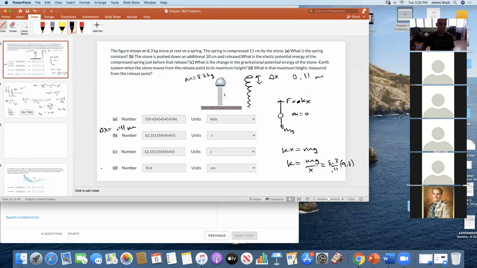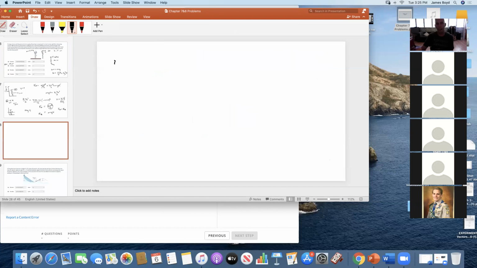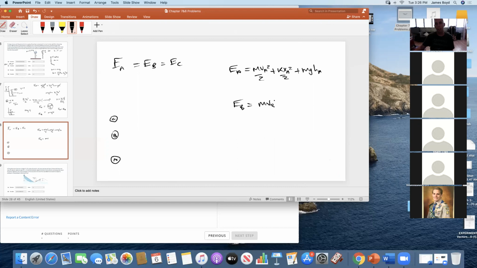But yeah, this is just to reiterate one more time. The algorithm is pick an A, pick a B, pick maybe a C. EA is equal to EB is equal to EC, as long as there's no friction. If there's friction, we have to do something else. But you write EA is mvA squared over 2 plus kxA squared over 2 plus mghA, EB, etc. mvB squared over 2 plus kxB squared over 2 plus mghB.